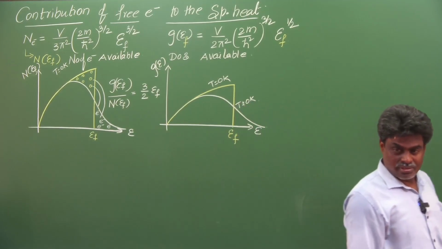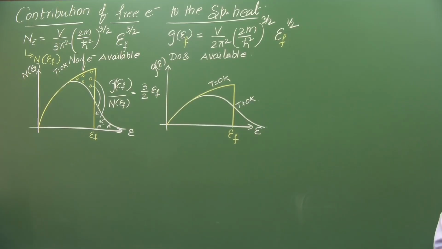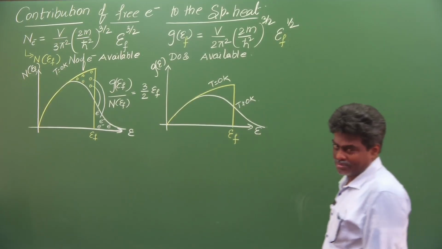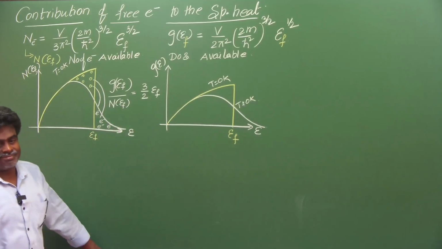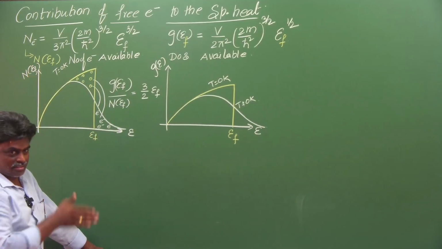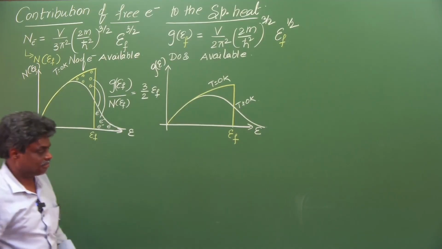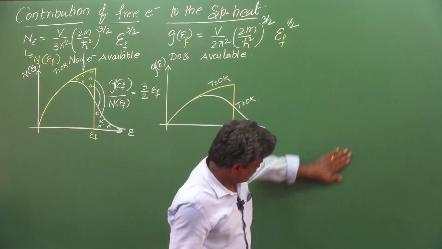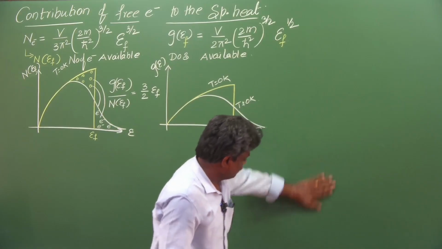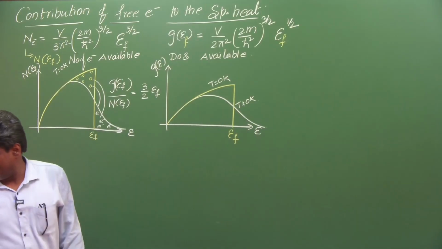Antisymmetric means negative side negative, positive side positive. Odd function. Graphs, you should have some minimum knowledge. Ready? Over.